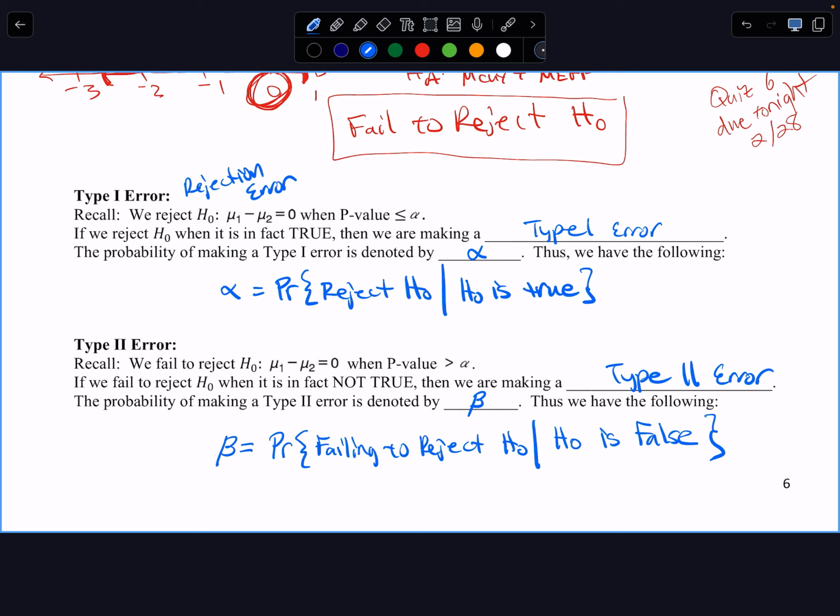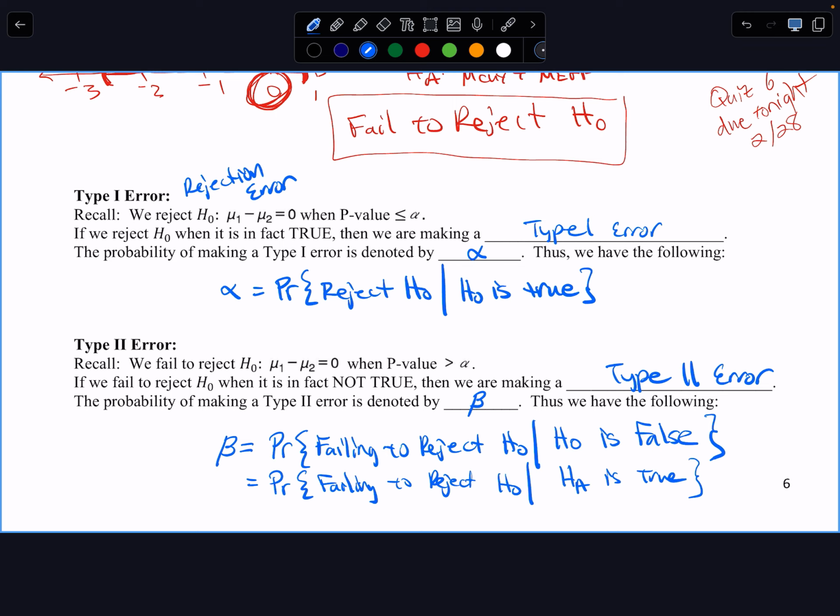It's not true. Okay? And when the null hypothesis is false, we kind of automatically assume that the alternative is true. So another way that you can write this probability statement is the probability of failing to reject our null hypothesis, given that that alternative hypothesis is true. All right?